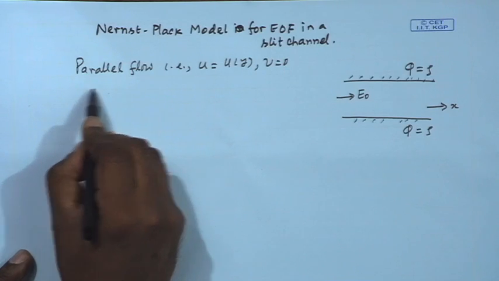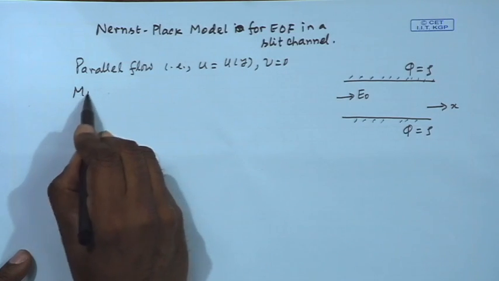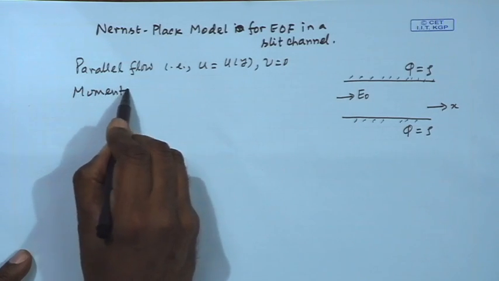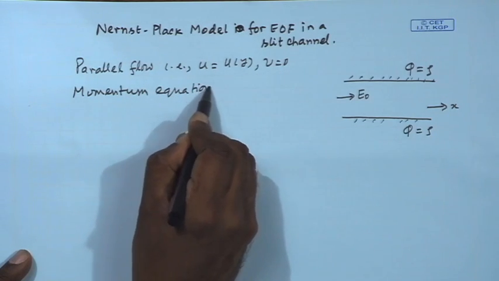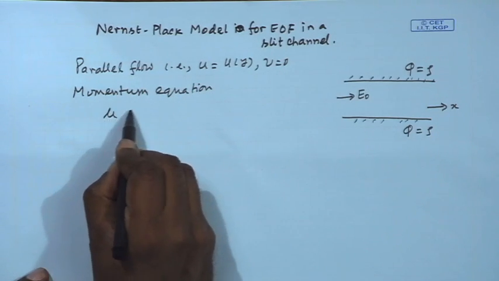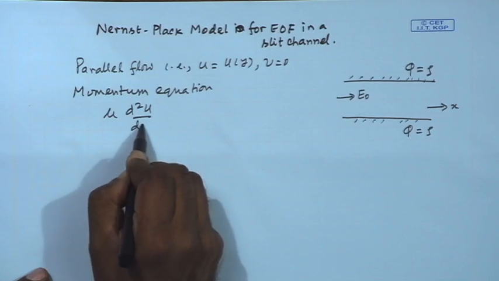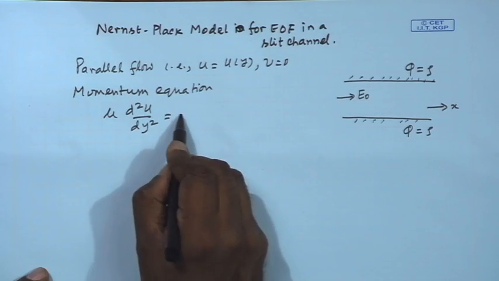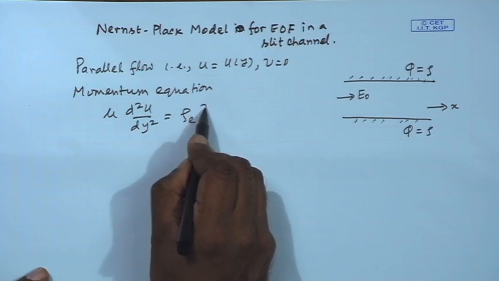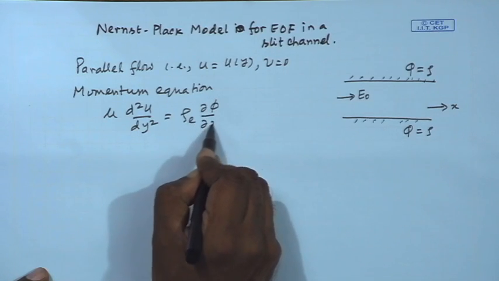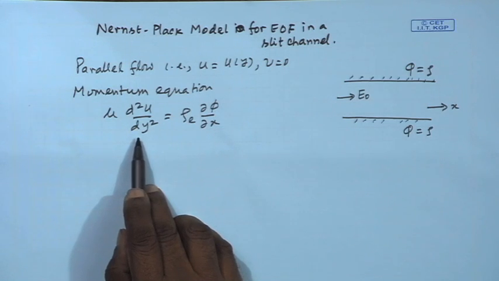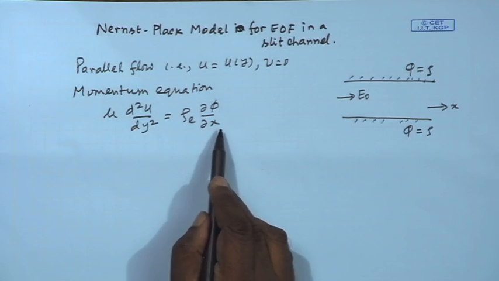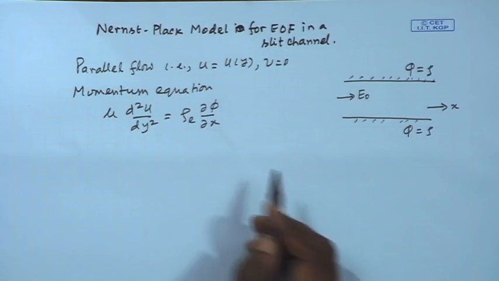So, what you have here, the momentum equation is mu d2u/dy2 equal to rho_e del phi/del x. So, that means this is the balance of the viscous diffusion and the electric body force.